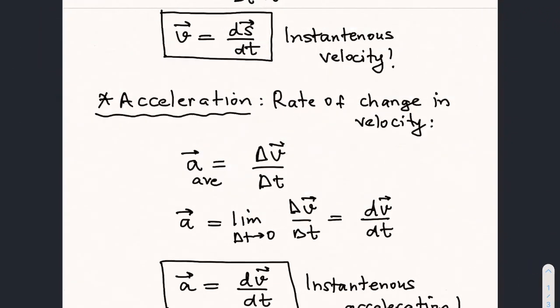Now here we have the relationship between position and velocity, and we have the relationship between velocity and acceleration, but sometimes we may need to develop a relationship between position and acceleration. So what do we do in this sense? If we can eliminate the time from these equations, then we can develop an acceleration-position relation.